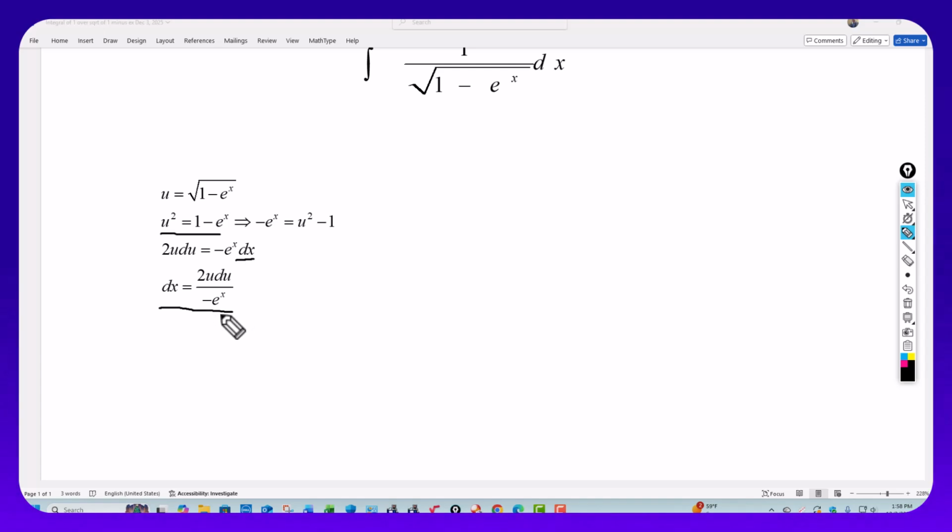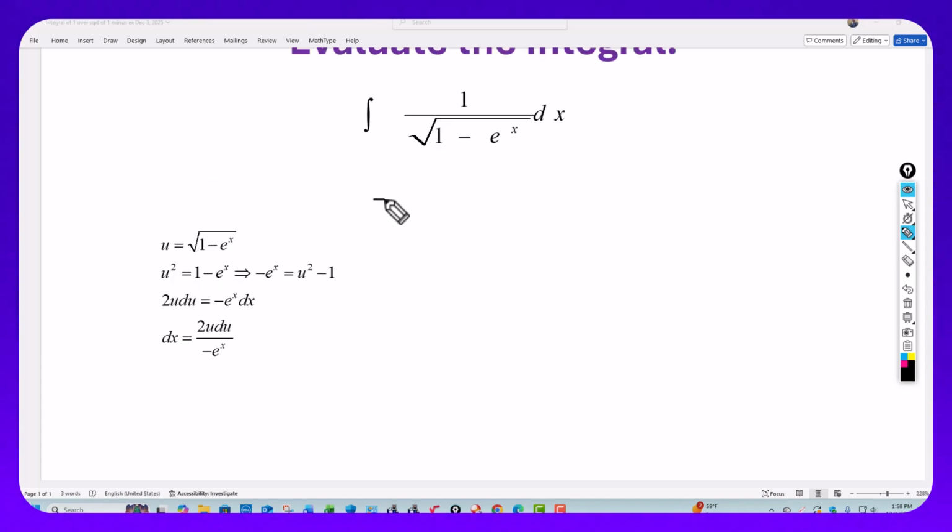I got my representation for dx. And then we come back up here and try to convert this integral into one involving the variable u. So let's start at the top. The dx, I have it right here. This will be 2u du. It's minus e to the x here. And then of course the radical in the denominator is u. And we have a fraction here.